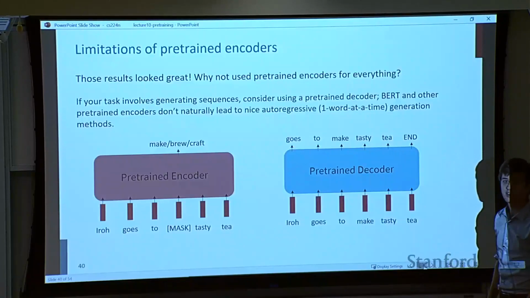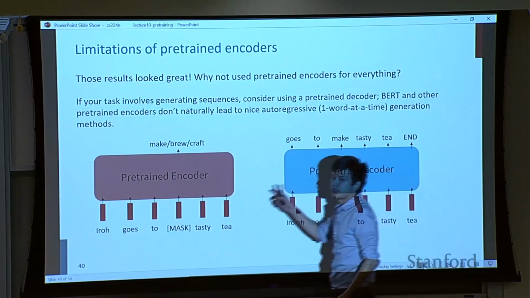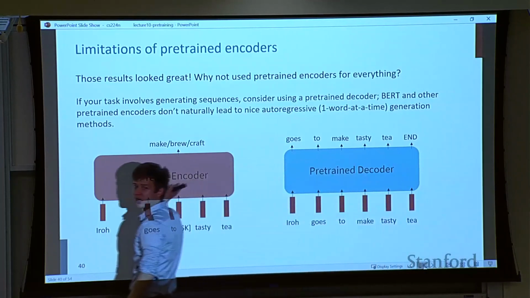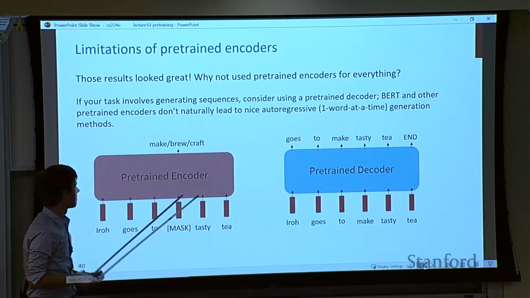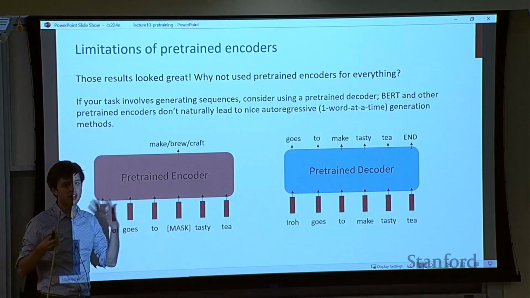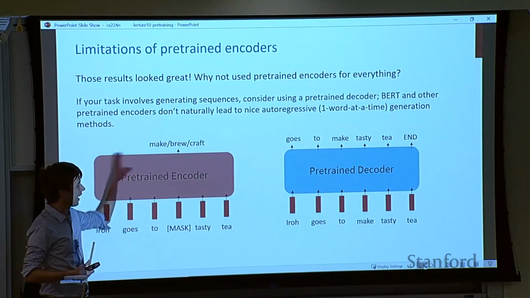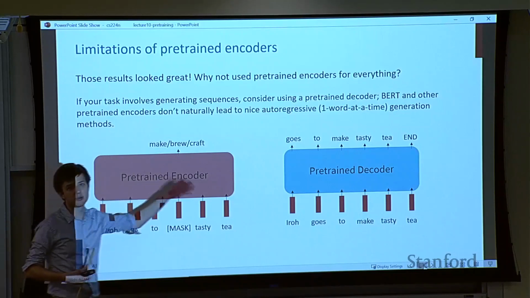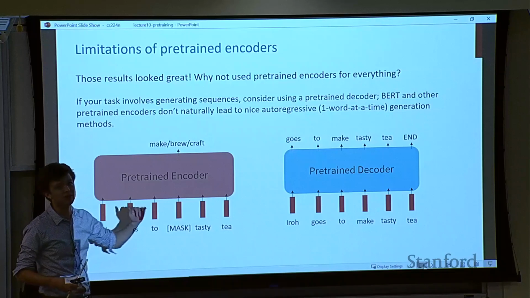So why do anything but pre-train encoders? Like, we know encoders are good, and we like the fact that you have bidirectional context. We also saw that BERT did better than GPT. But if you want to actually get it to do things, you can't just generate sequences from it the same way that you would from a model like GPT, a pre-trained decoder.